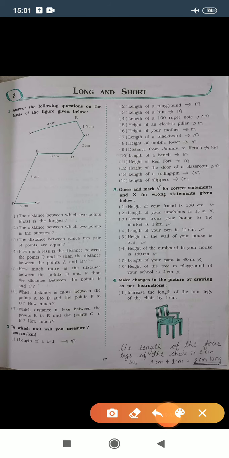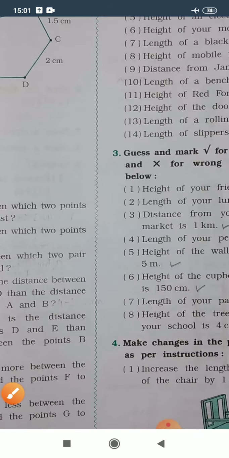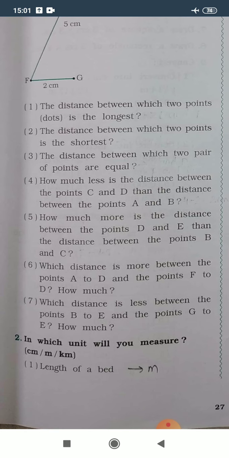Now we'll solve question number 2. In which unit will you measure: centimeter, meter, or kilometer? That means we need to find out whether the statement is in centimeter, in meter, or in kilometer.